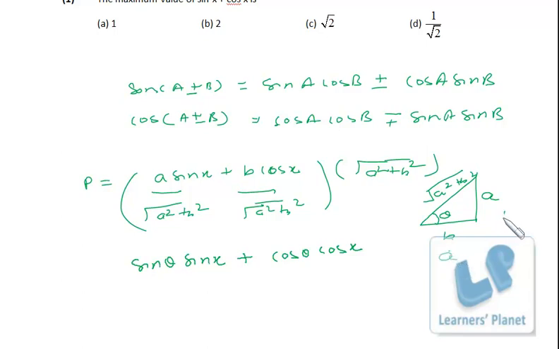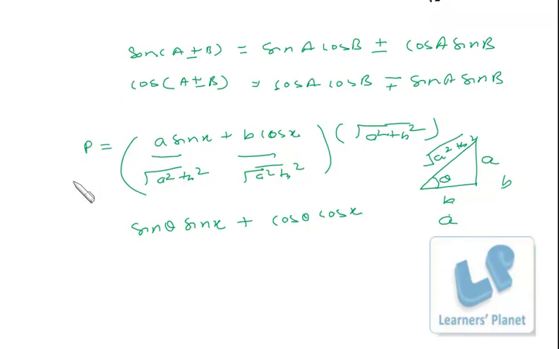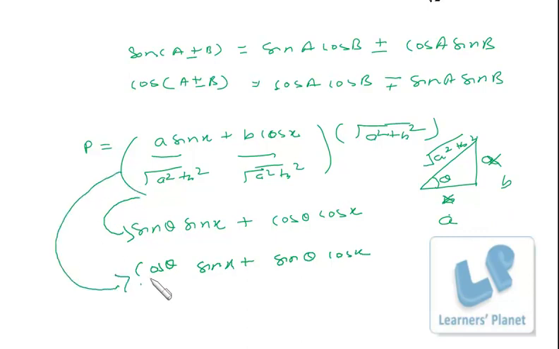If I take a this and b this, then a upon root of a square plus b square will be cos theta, so that can be written as cos theta sin x plus sin theta cos x. So you can go either way, right? Since in this case I'm choosing a and b over here, this is the right formula. Now cos a sin b plus sin a cos b, or sin a cos b plus cos a sin b, is the expansion of sin of a plus b.